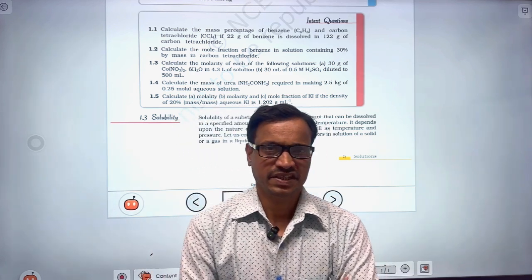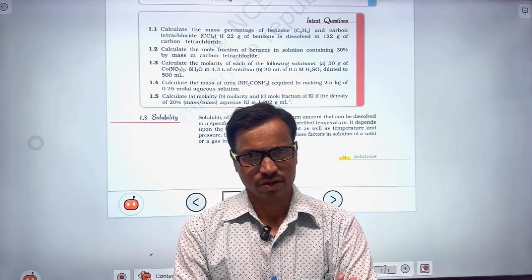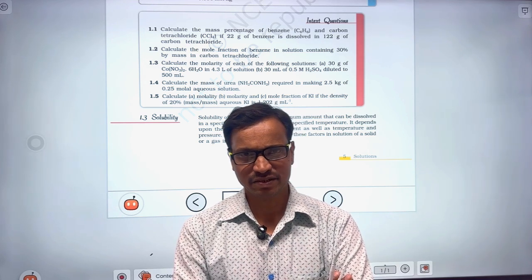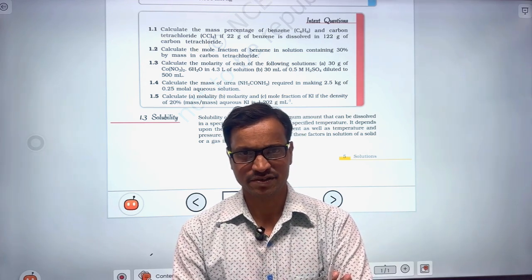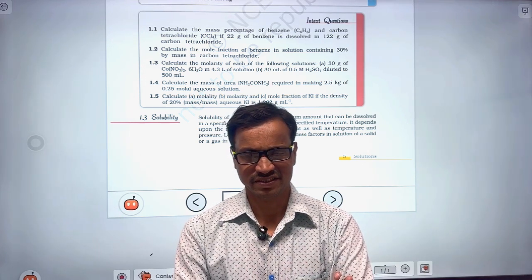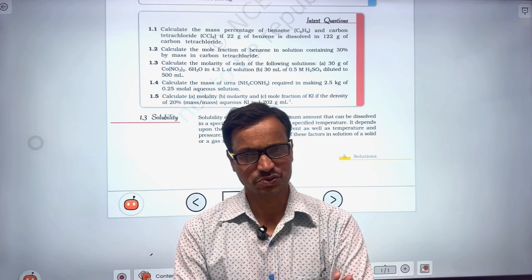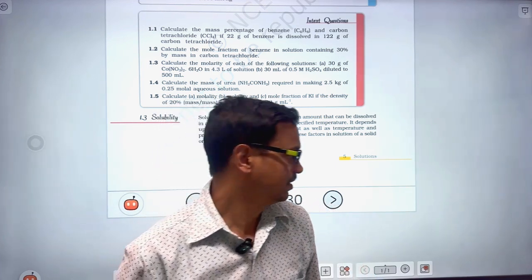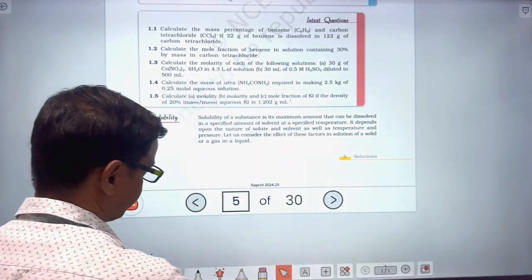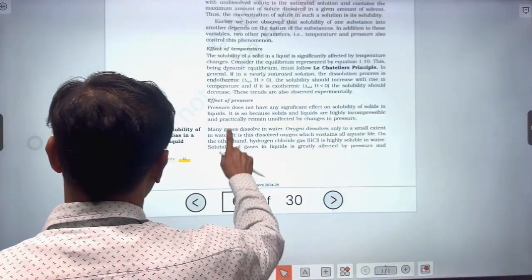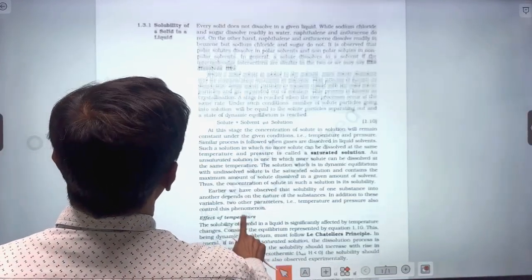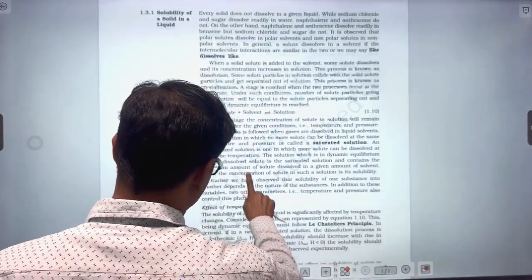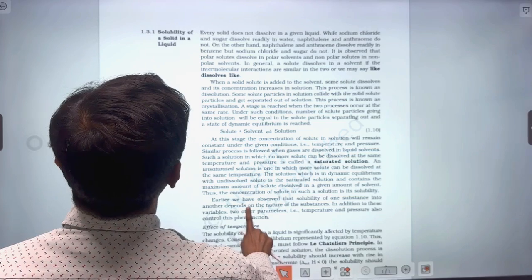That means if in a solvent that much solute has already dissolved as can be dissolved, then that solution will be called saturated solution. Okay, that is solubility. Let's proceed to the next topic, that is solubility of solid in a liquid.